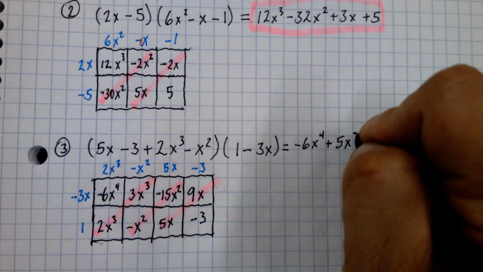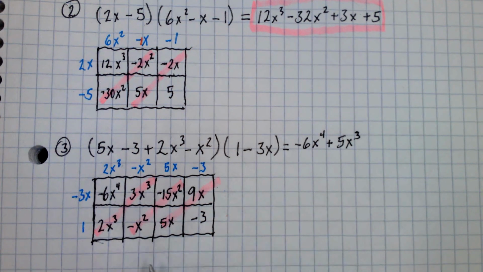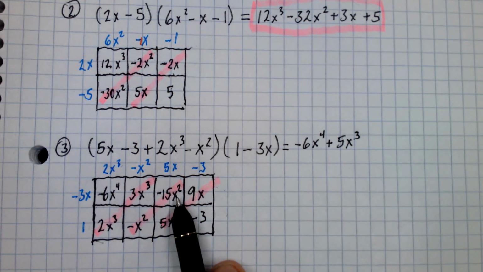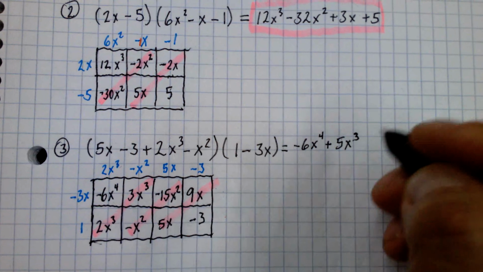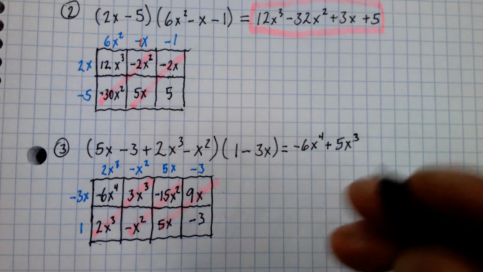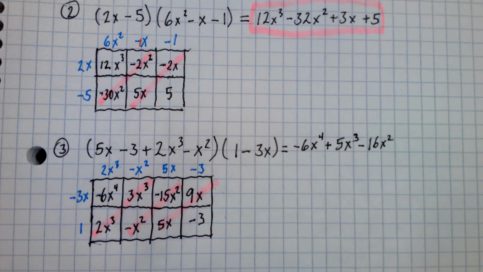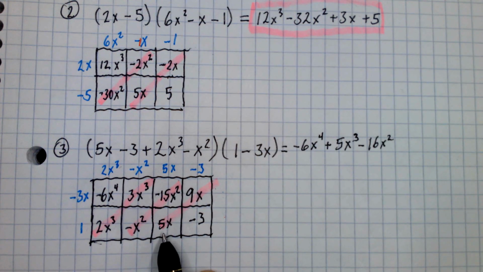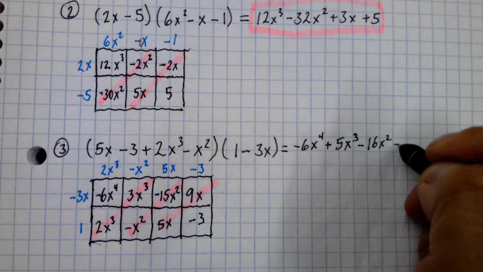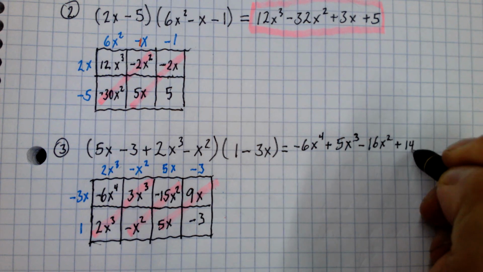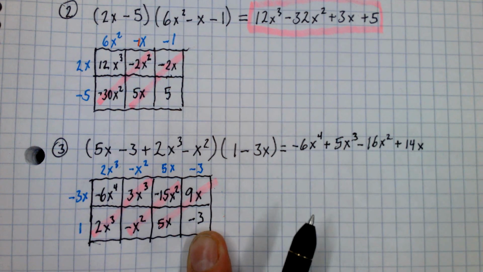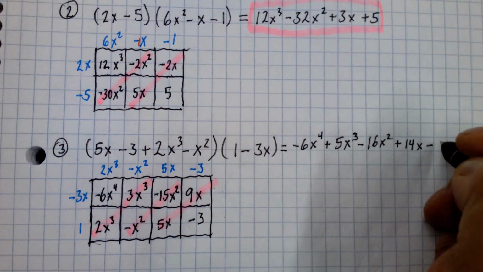So it stays to the third. So that one's done. Negative x squared with negative 15x squared. You're just adding the coefficients. Negative 16x squared. And then we've got 5x and 9x. That's going to be 14x. And then the constant minus 3 is at the end.